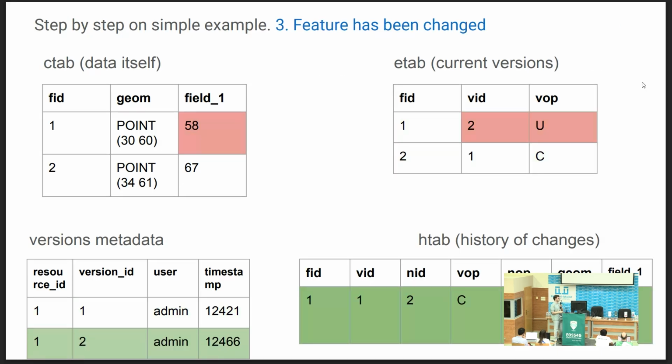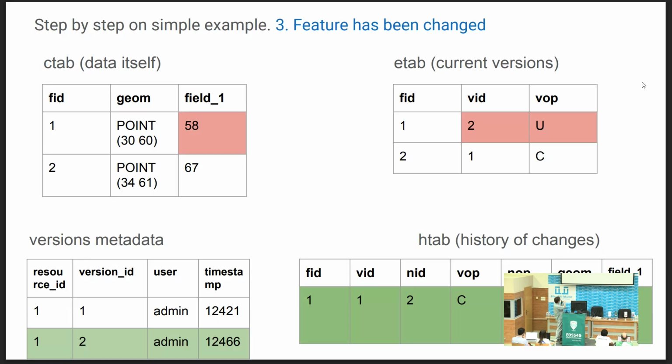So imagine that we changed one attribute of feature number one. What happened? In the current versions table, this feature was changed to version number 2, and the genesis operation is changed to update. At the same time, the previous version of this feature is stored in the history of changes. So we know that there was a first version of this feature with this geometry and these attributes.